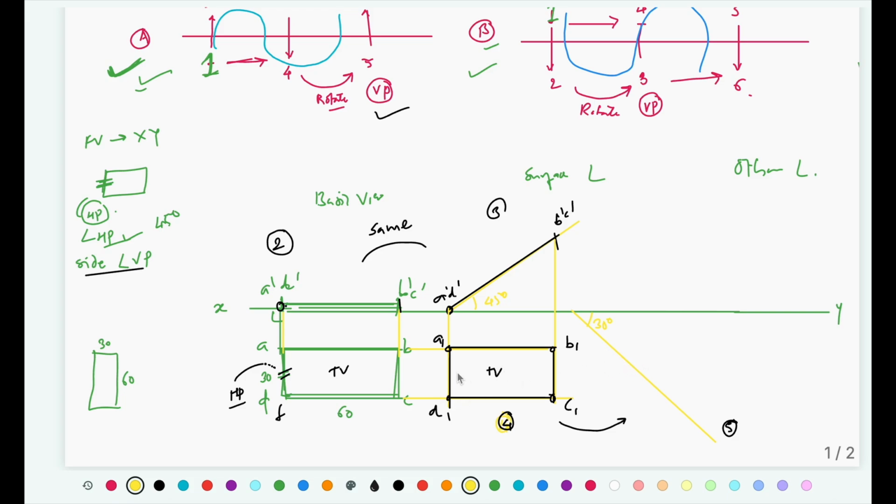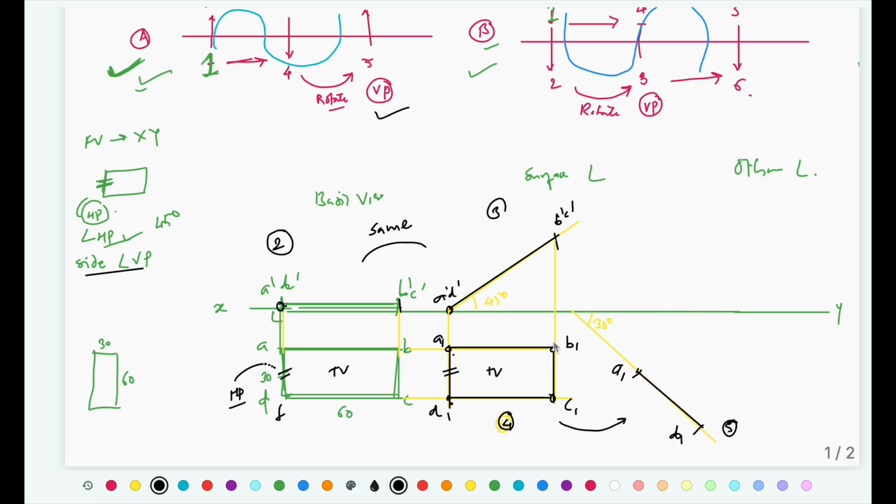Now this resting reference A1 D1, or this side which is resting in HP, is to be made inclined to VP at an angle of 30 degree. So I have drawn that line at 30 degree incline, and by keeping some random distance from the XY line, I'll locate the first point A1. I'll take the distance from A1 to D1 in a compass and locate this point D1. So this is our A1 D1 line.